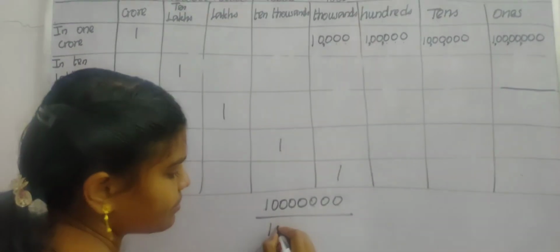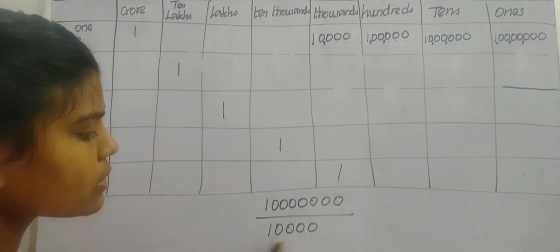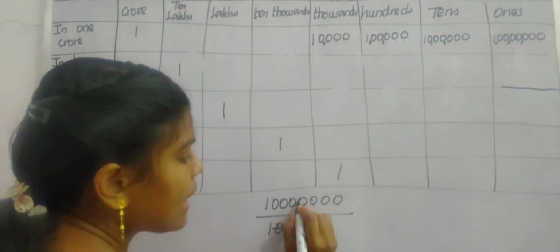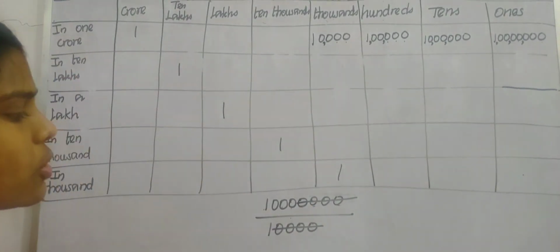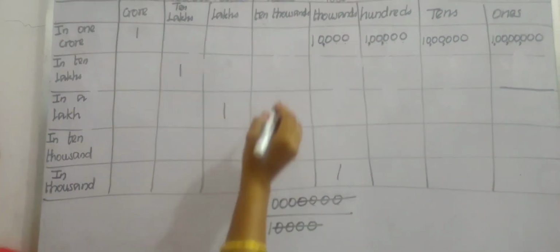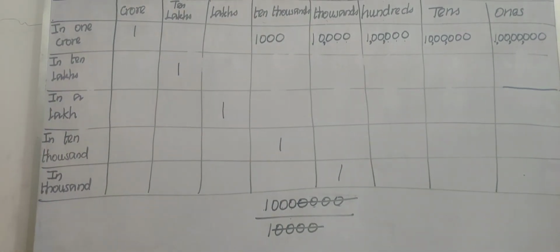So we are having 4 zeros, so we can strike out 4 zeros, and here also we can strike out 4 zeros. So how many digits are there? 1000. We are having 1000, right? So we are having 1000 times 10,000 in a crore, in 1 crore.